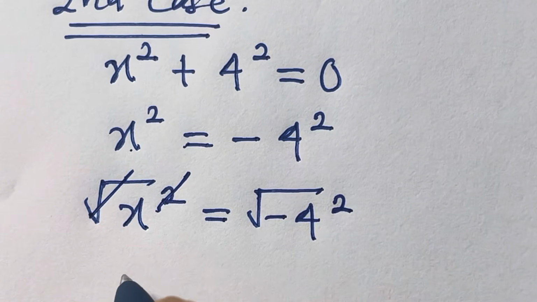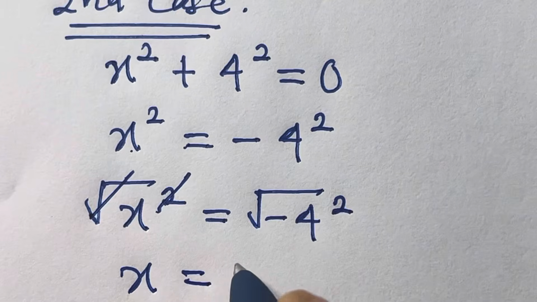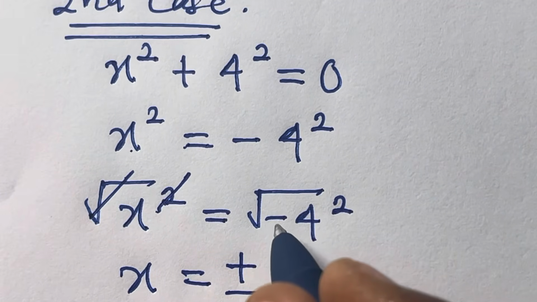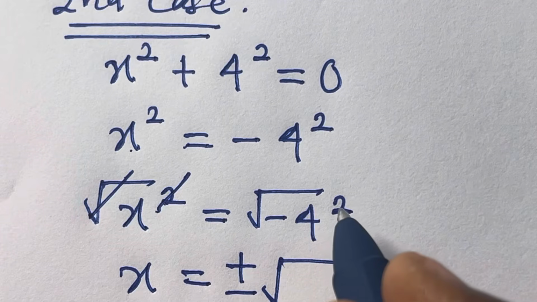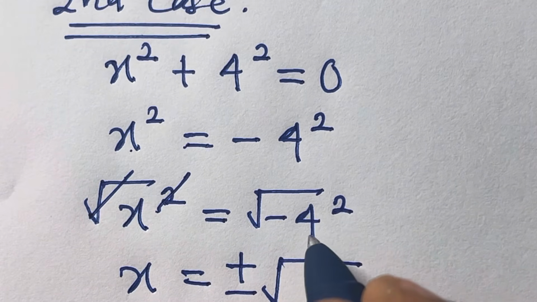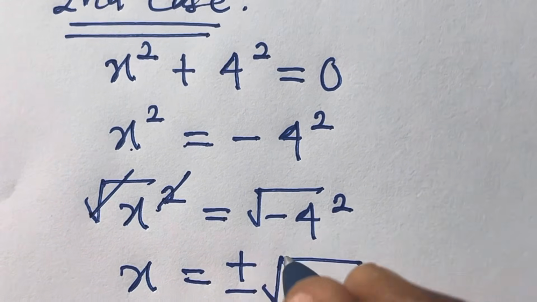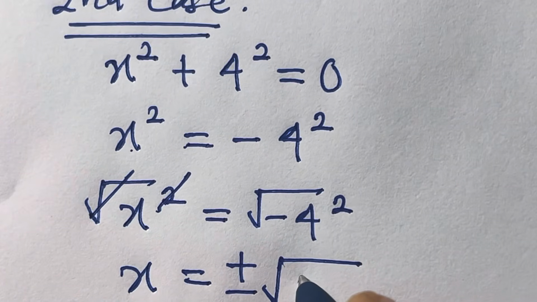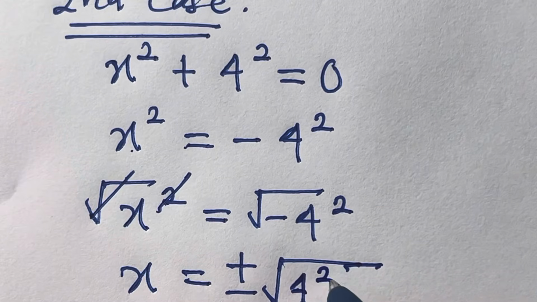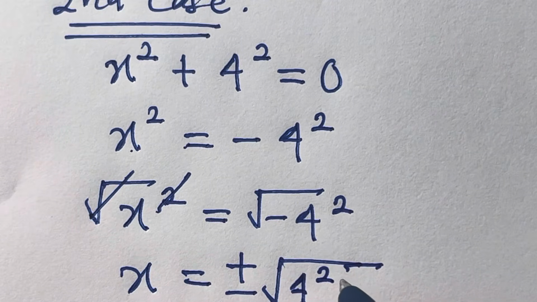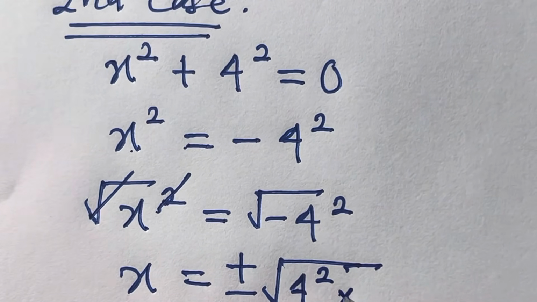You cancel this out, so we have x equals plus or minus the square root of 4 squared, multiplied by minus 1.